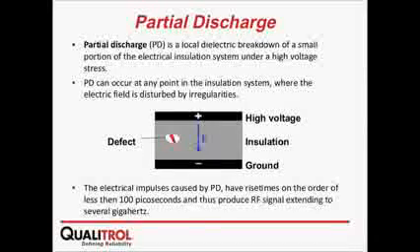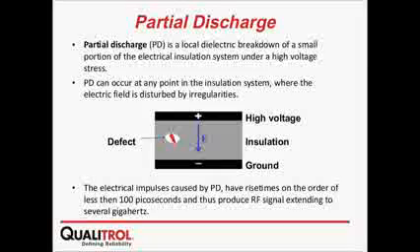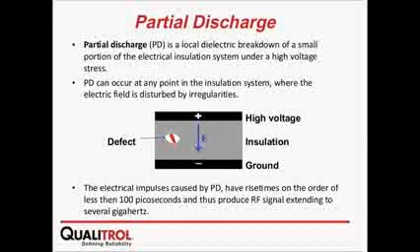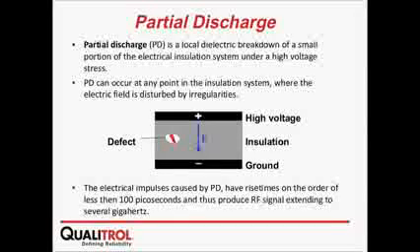So in the picture below here, we have plus and minus, which simulate the live conductor and the ground. And between, we have the insulation, which can be SF6, oil, air, also epoxy insulation. And we have a partial discharge showing between.